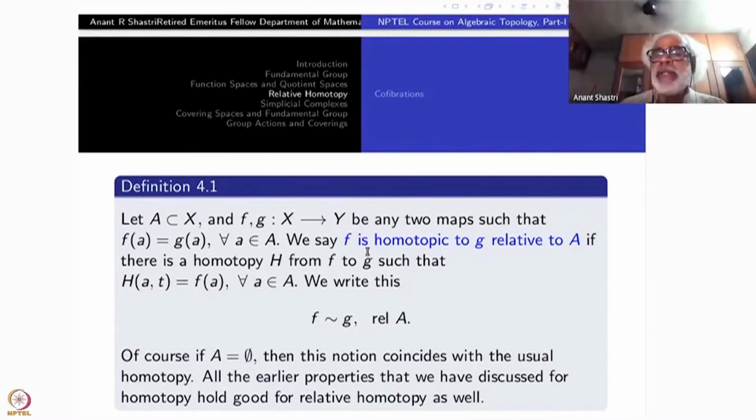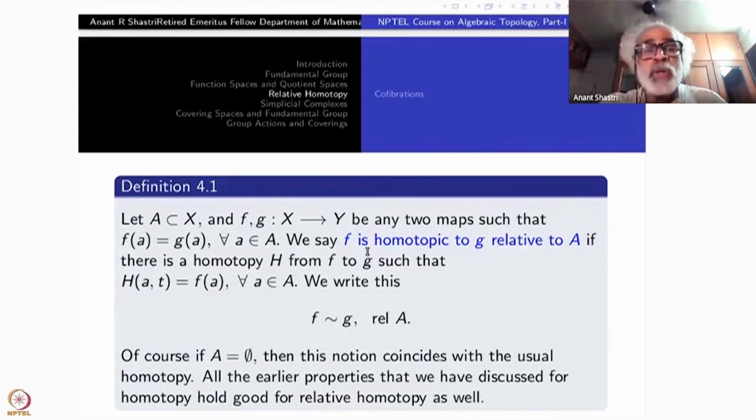If A is empty, then it is the standard original homotopy where we have no controls. If X is the interval and A is {0, 1}, this is precisely the path homotopy that we have.